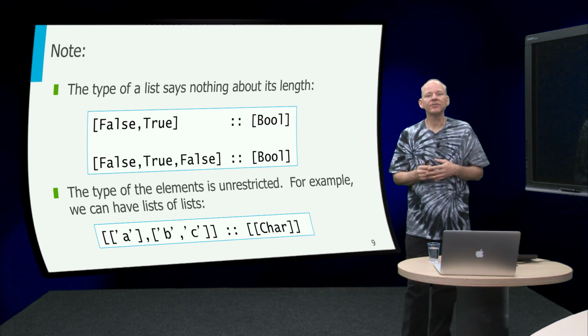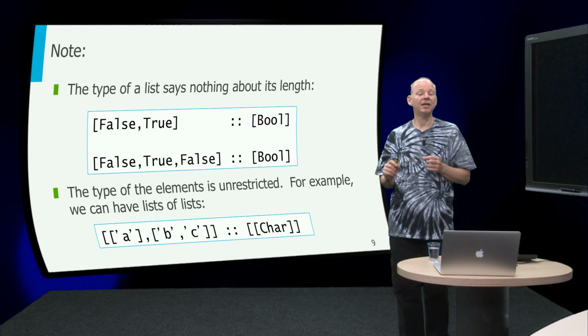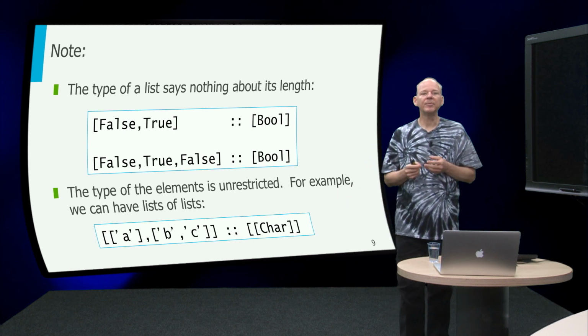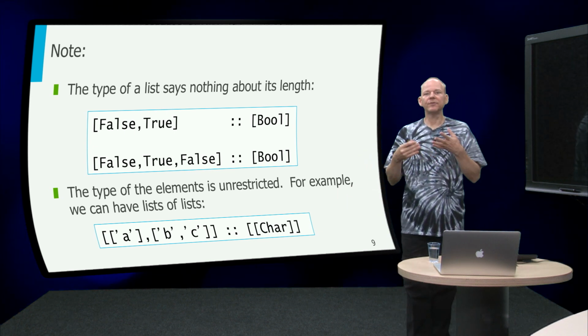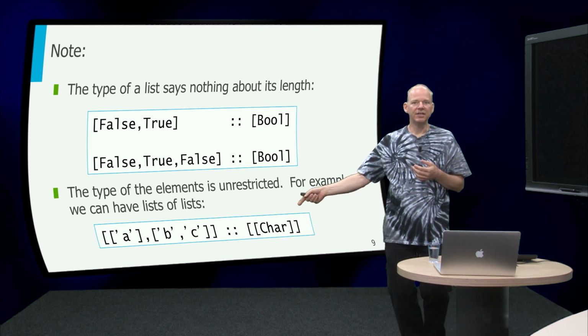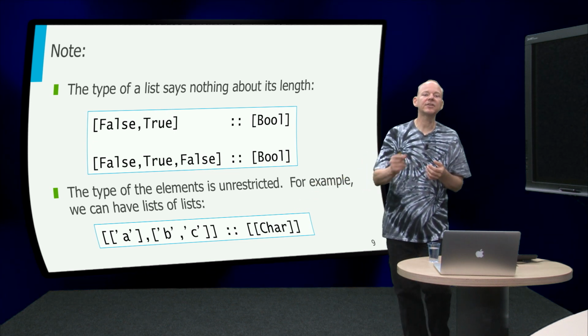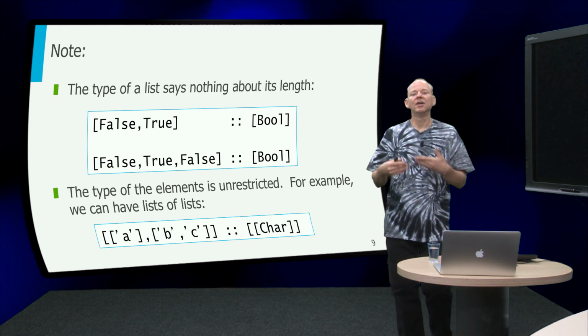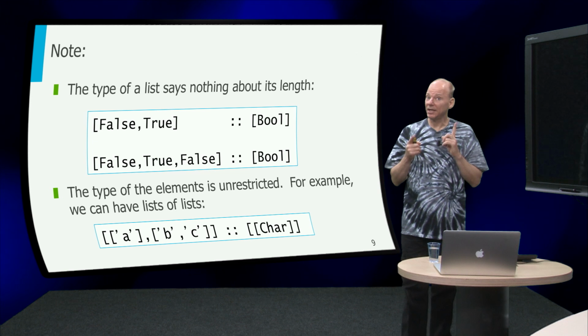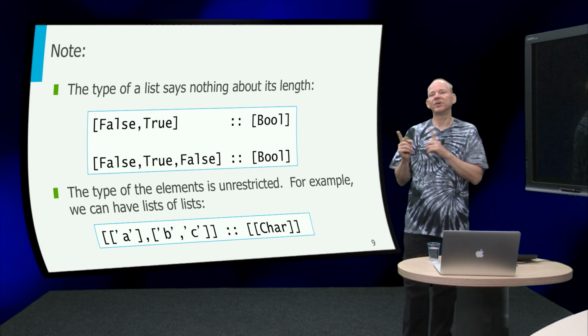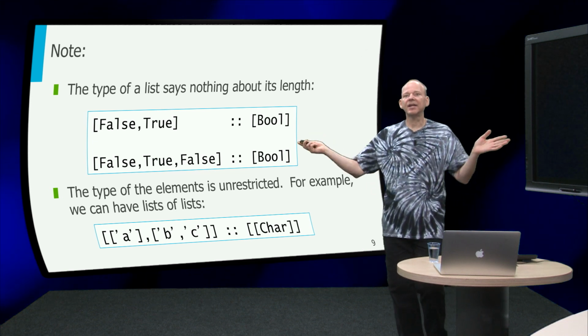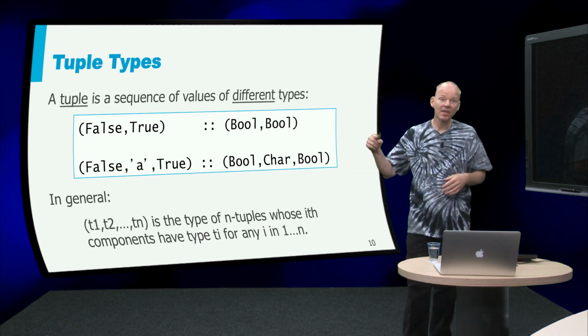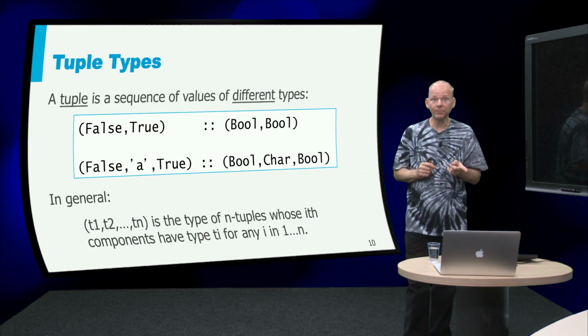So the last example down here has a slightly more complicated type. It's a list of lists of characters. So that's what you see here, and if you look at the value, you see that it contains two lists of characters. But the thing with a list is that all the elements must have the same type, but the length is unrestricted.